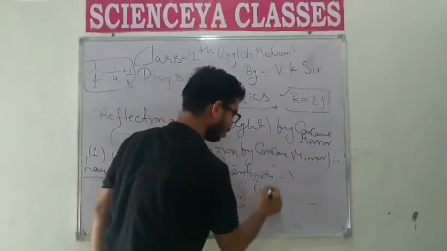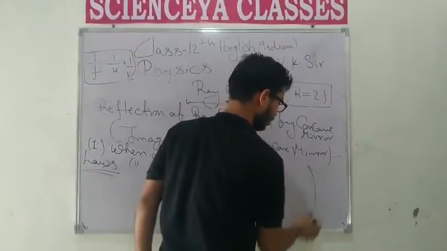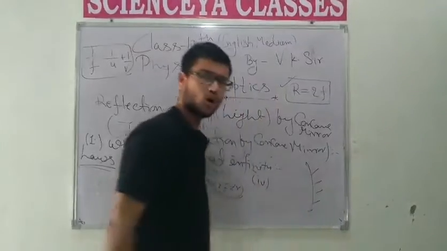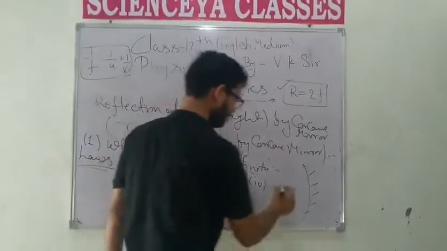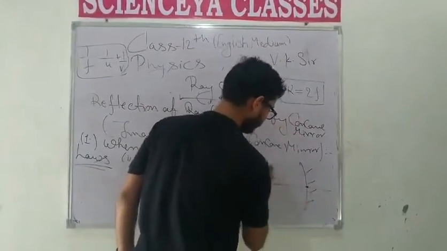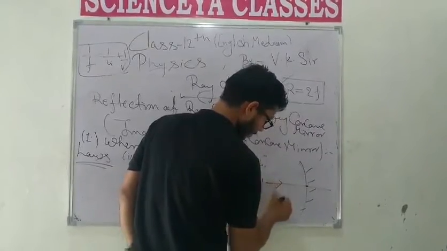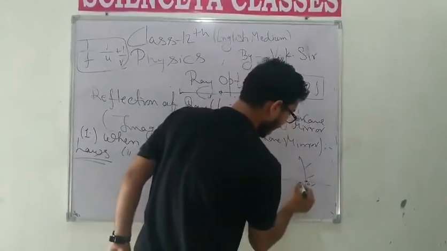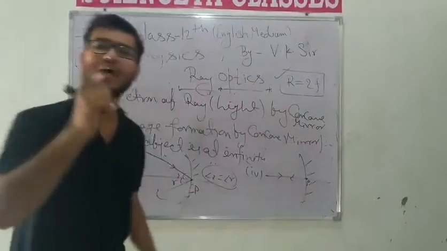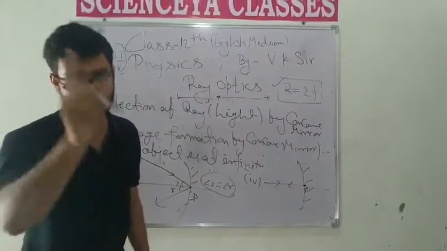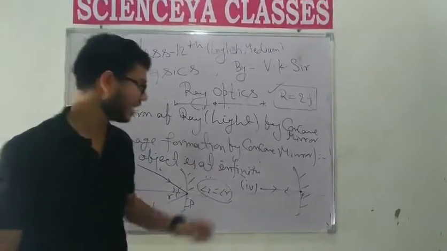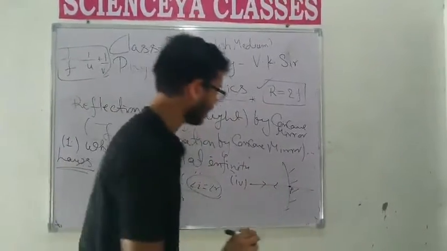And the fourth and final law is, student, it is not a general law, but you must understand it: the rays that are incident on the pole, after reflection, reflect by 90 degree angle. It is wrong, student. Some teachers tell 90 degree angle. It is not 90 degree angle.